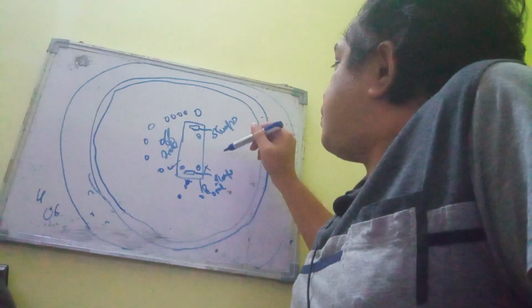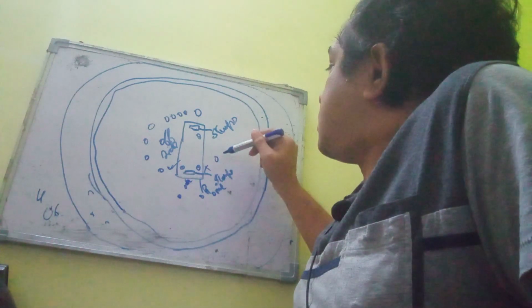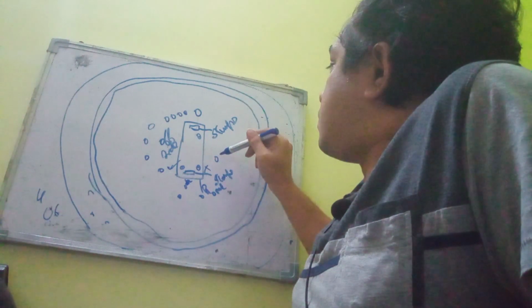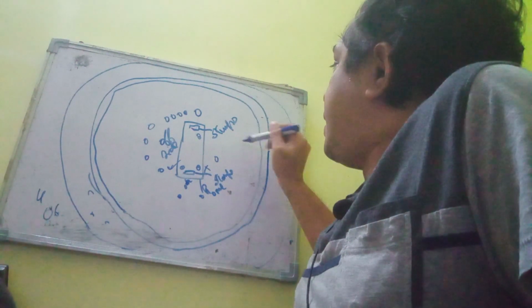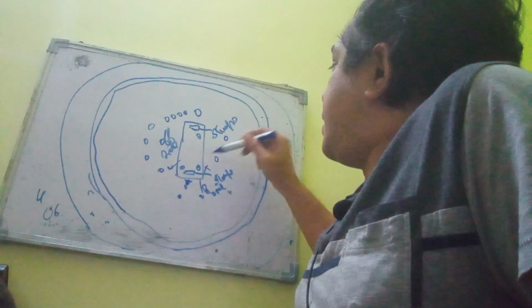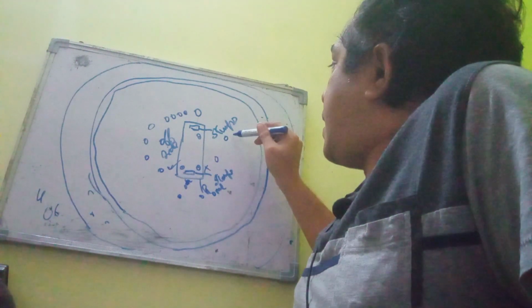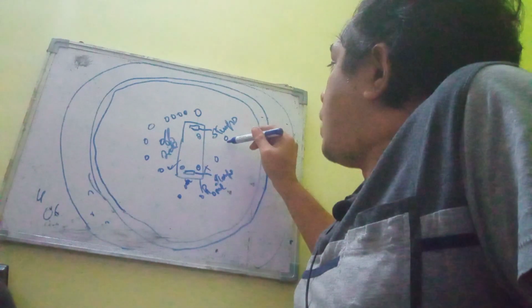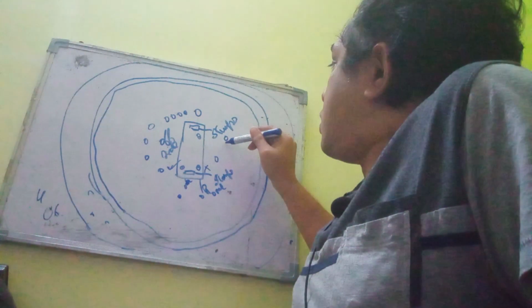And similarly there are catching positions like short leg. And this is a position where the umpire is standing, one umpire is standing over here, another umpire is standing over here, so this is the square leg umpire. This position is called the square leg.